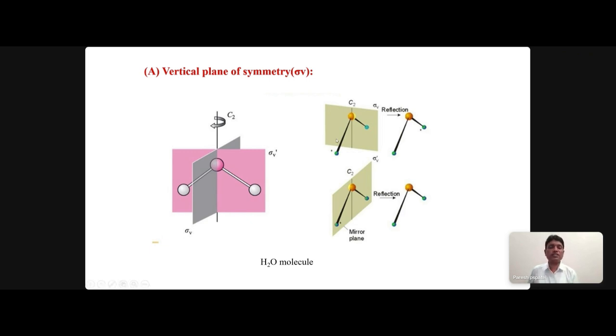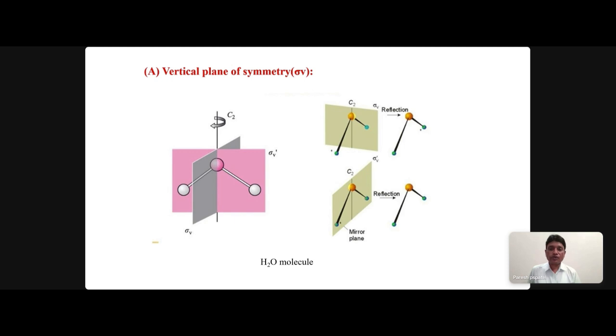And if we operate the sigma Vxz symmetry operation, there is no change in the position of the hydrogens. Why? The sigma xz plane is the molecular plane. But if we operate the sigma Vyz symmetry operation on the water molecule, the position of the hydrogens changes, because this plane bisects the molecule.